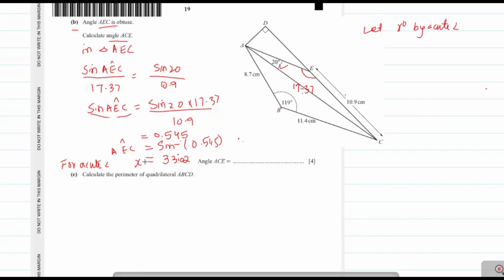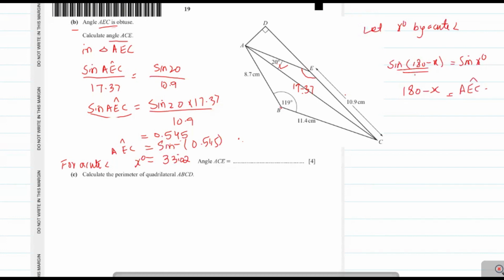Therefore, we write x degrees will be equal to 33.02, but sine of 180 minus x and sine x degrees are always equal. Therefore, we can write 180 minus x is equal to AEC.